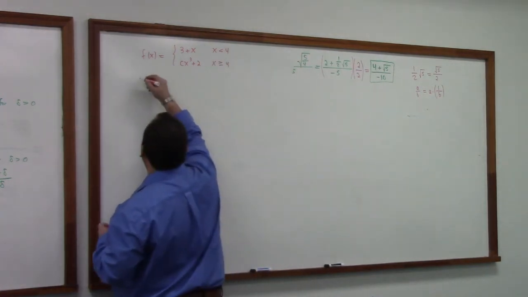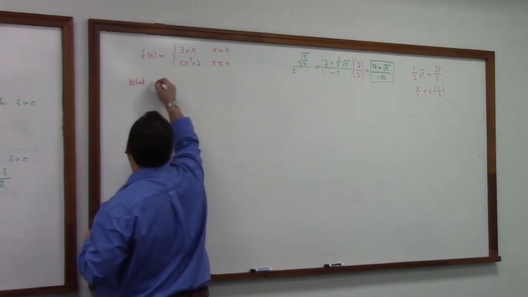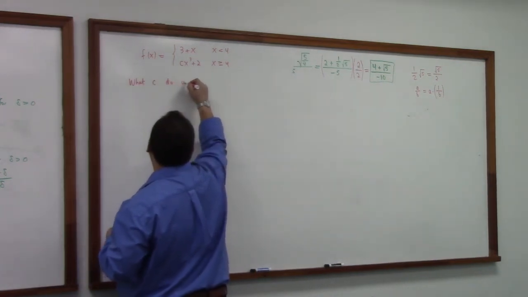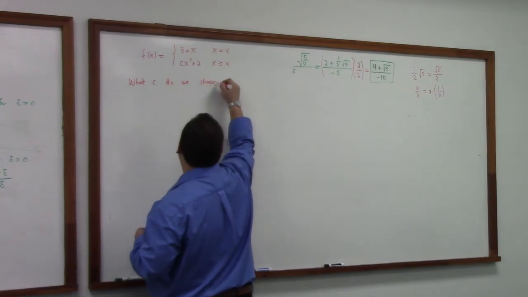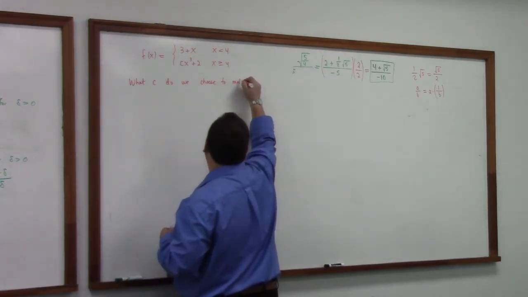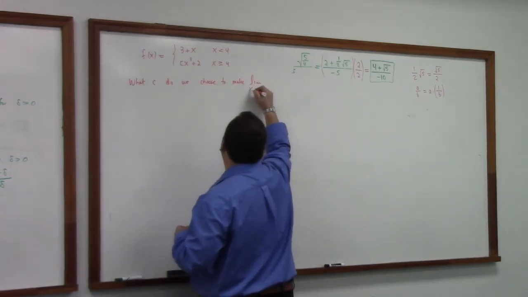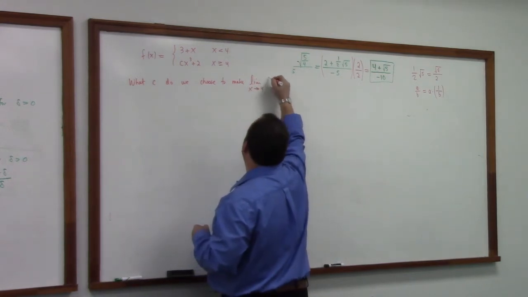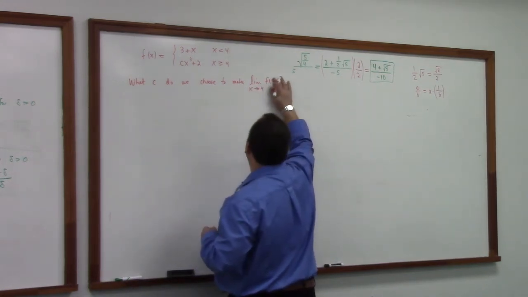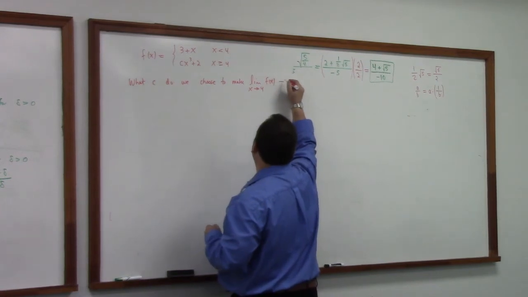The question is, what c do we choose to make the limit as x approaches 4 of f of x exist?